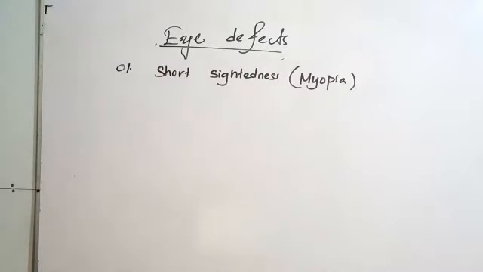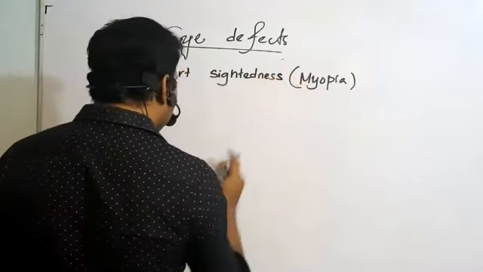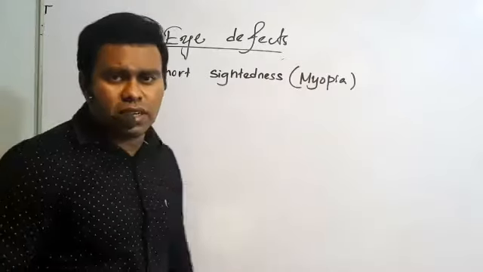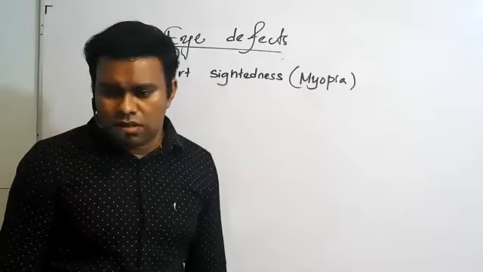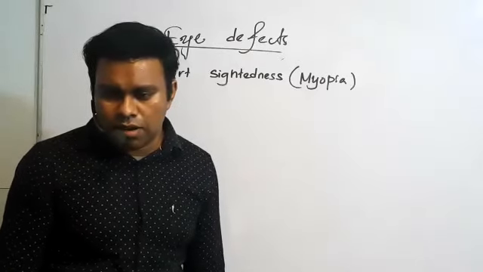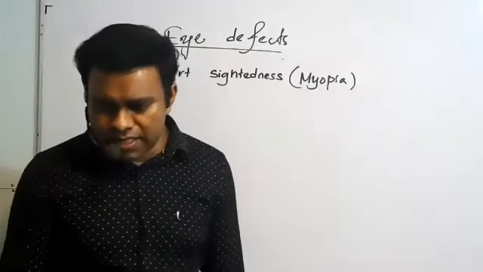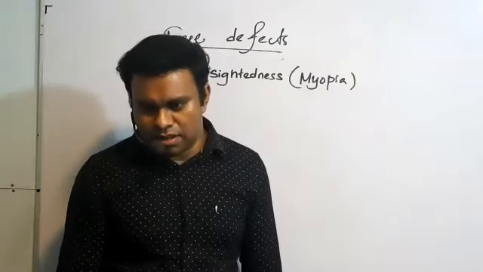Okay, now look at this. Short-sightedness. So I can't see far, but my glasses are convex, not concave. So I cannot see far.